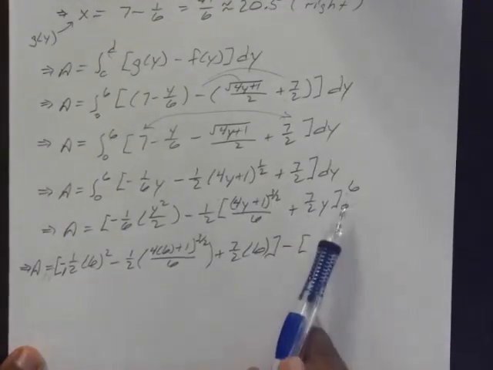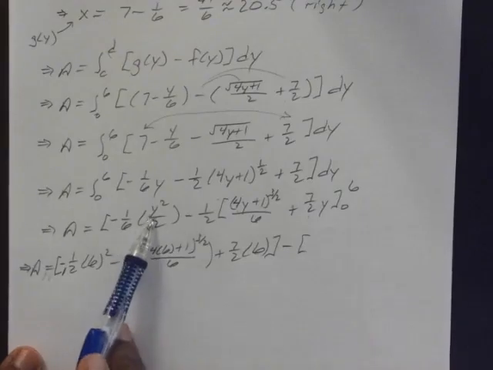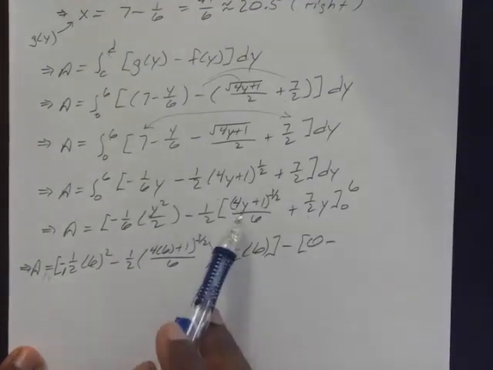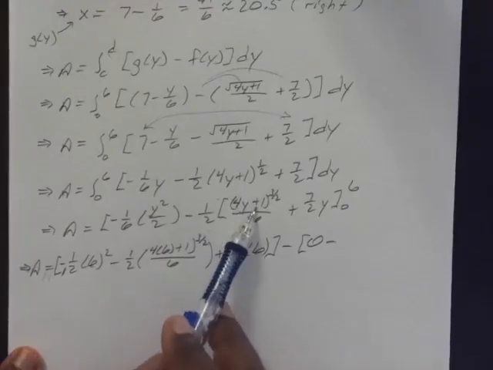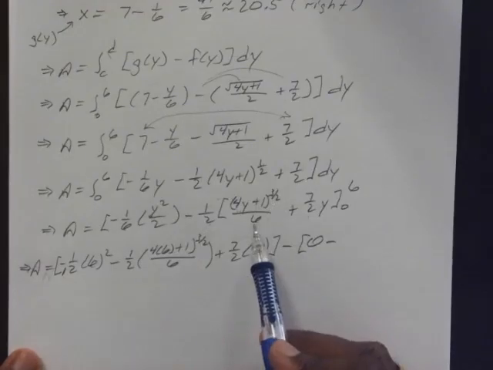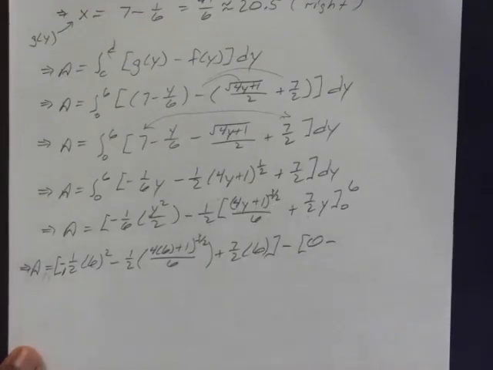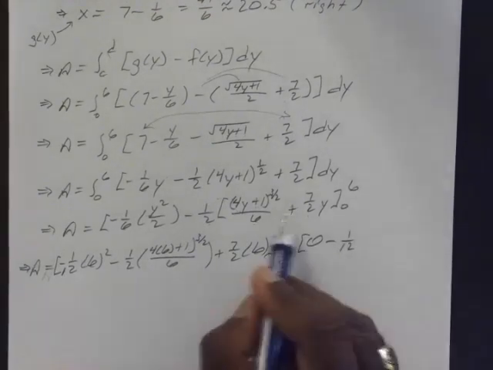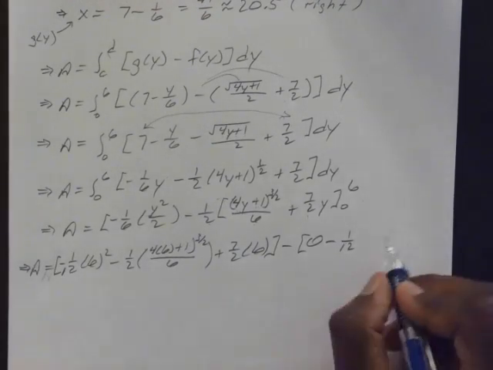Minus, since that's 0, we know that this would just become 0. Minus, and you have to be careful with this one because this just becomes negative 1/2 times 1/6. You still have that 1 in the numerator. So that becomes negative 1/12 plus 0.